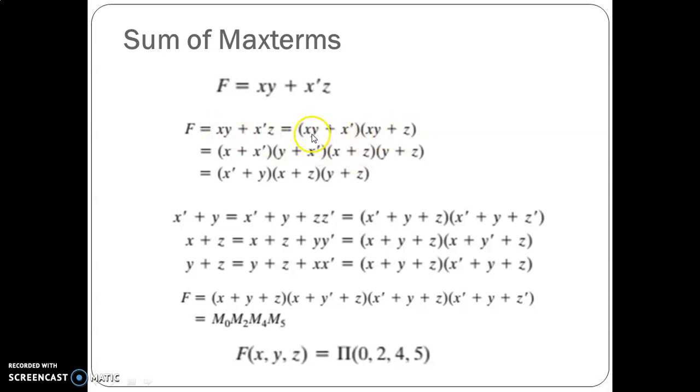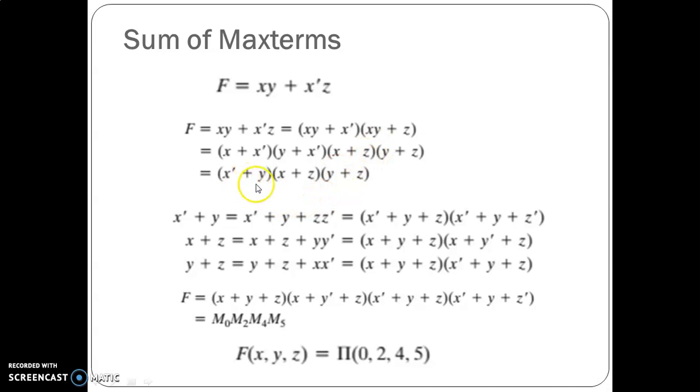The same way this has to be expressed using the distributive law. xy plus x bar can be represented as x plus x bar multiplied with y plus x bar. The same way this can be expressed as x plus z multiplied with y plus z. Since x plus x bar equals 1, we have x bar plus y multiplied with x plus z multiplied with y plus z.